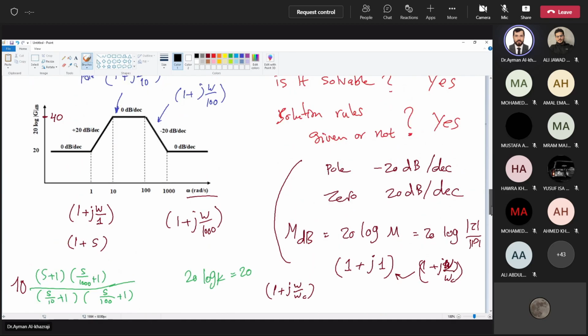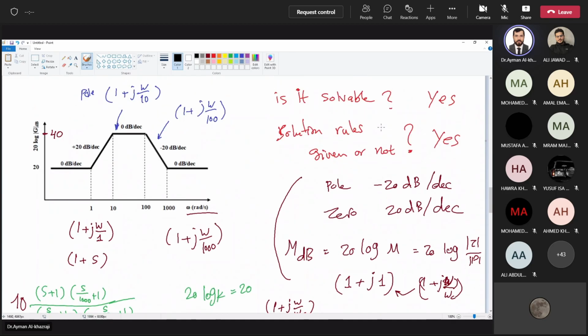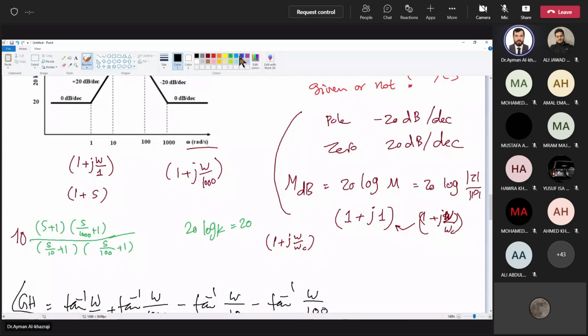Ask yourself this one. Now, I will tell you again the question. If I see this, and I try to jump directly to this transfer function, can I do it? Me, Dr. Ayman, can I jump to this from this directly without following the rules?